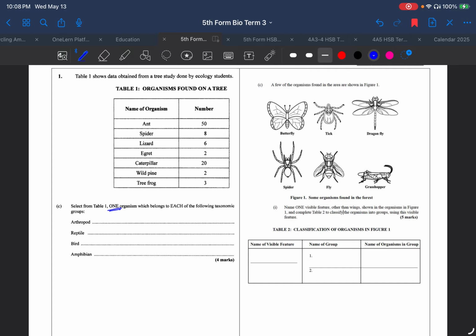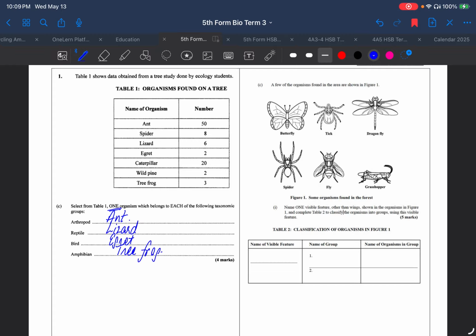So arthropod, and the arthropod had all of the different spiders, all these caterpillars, etc. So any of those would be good. Reptile would be the lizard, bird would be the egret, amphibian would be the tree frog.